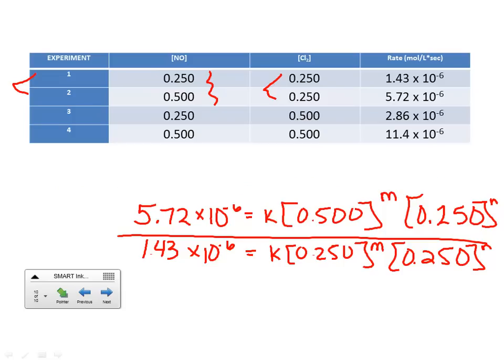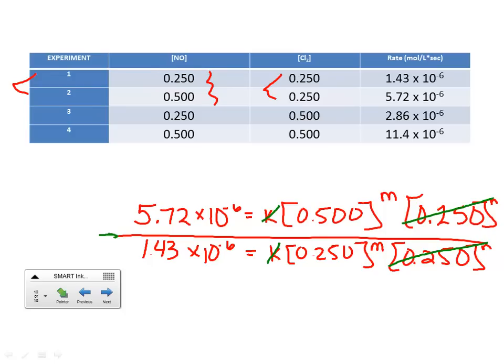What you wind up doing is you take the two rate laws that you write from two sets of data, and you draw a ratio between them. You can see that I've put this line in. What this does is it allows you to cancel out some of the variables. In this case, we can cancel out our K. They're going to be the same in both equations because we haven't changed our temperature. We can cancel out the N in both equations because they're the same.